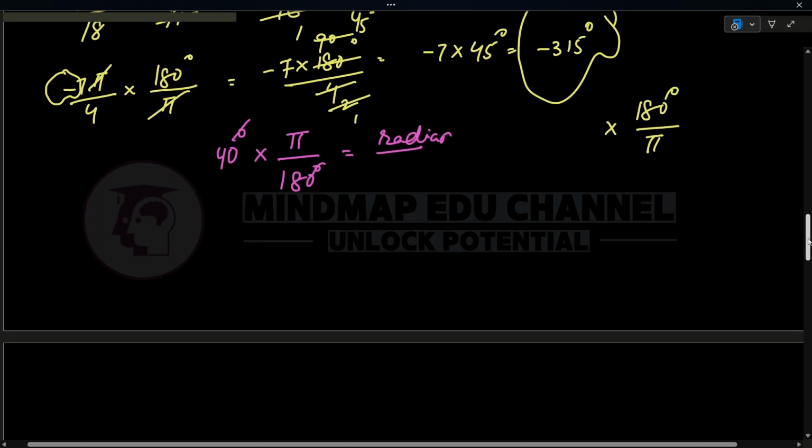Okay. Now let's move on and see how to graph an angle in standard position. See, if you know all the points on the unit circle, then it's very easy. You can easily mark and graph.